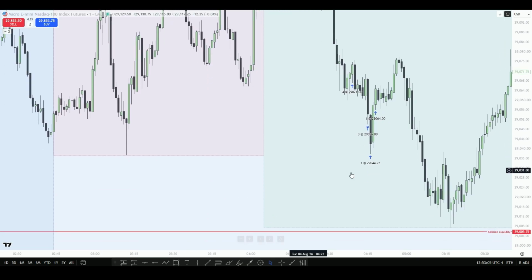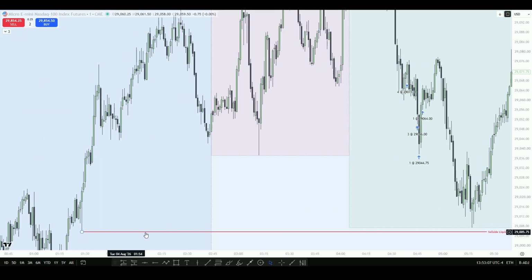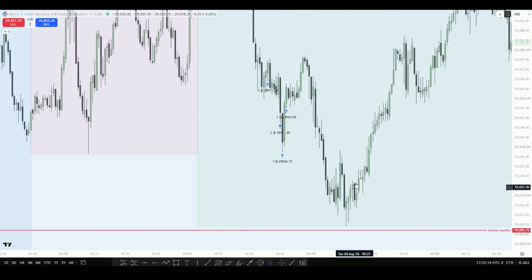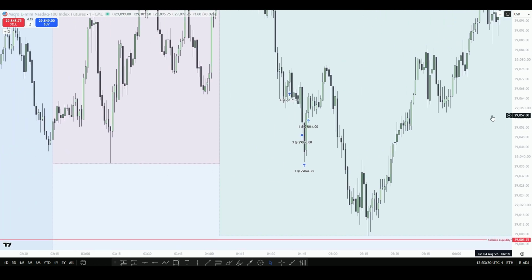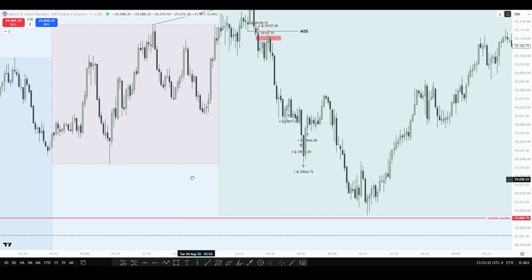Okay, we traded a little bit further down, created relative equal lows here, didn't take that low, stopped right before it, and then shifted gears, and ever since we keep pumping up on the day.